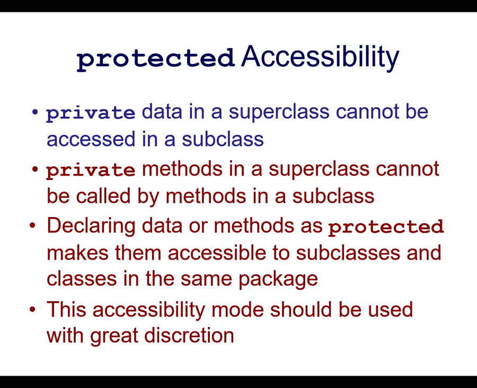First, recall that private data in a superclass cannot be accessed from any method in the subclass. Second, private methods defined in a superclass cannot be called by methods in a subclass. The reason for this restriction is to preserve the benefits of information hiding.